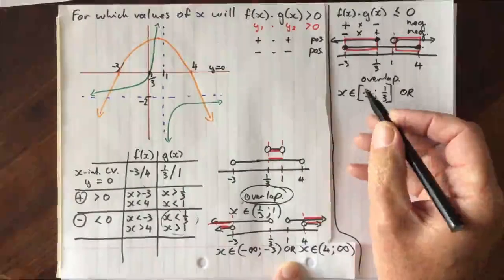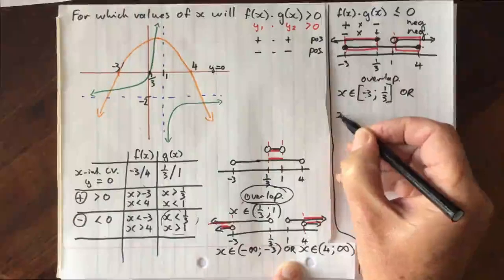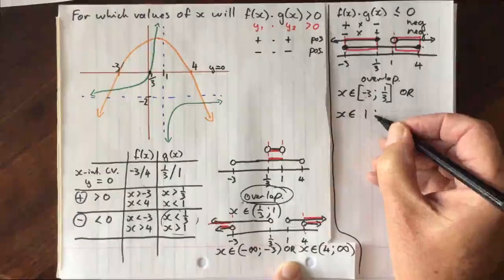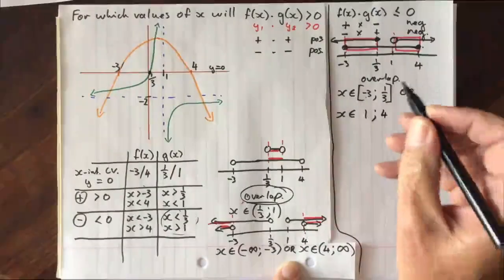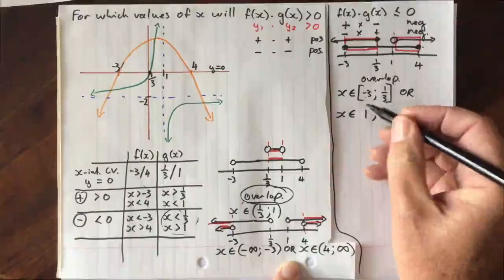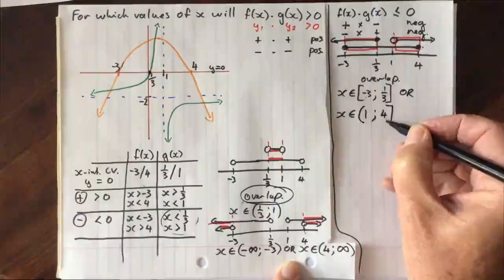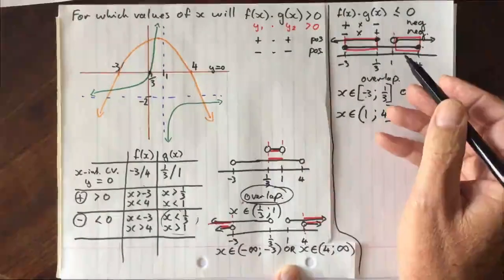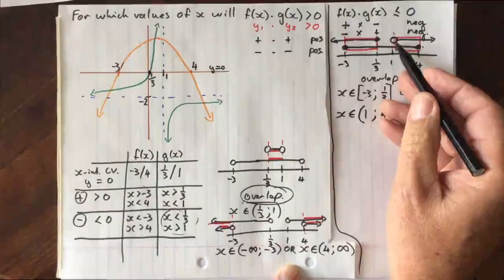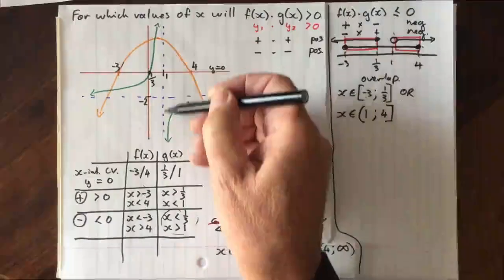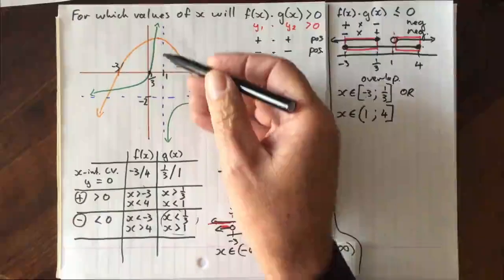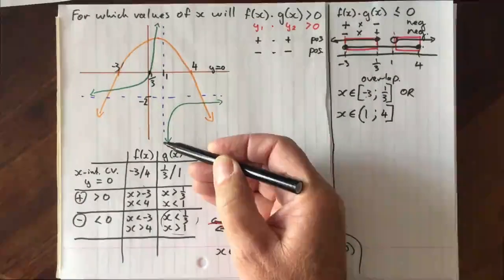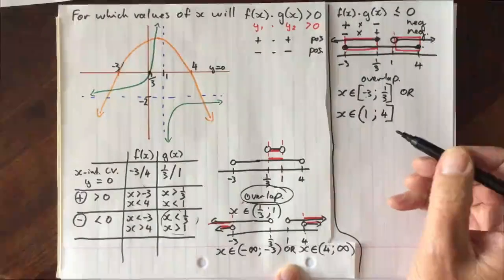The other part over here is x is an element of, we start from 1 and we end at 4. But in this case, 1 is not included, but the 4 is. Just to recap on this again, why 1 is not included: because my hyperbola over here is not defined where x is equal to 1. So that's why we exclude that value as well.